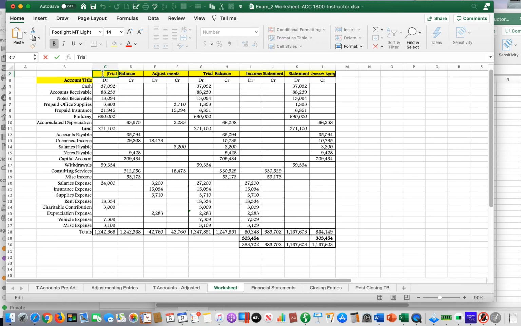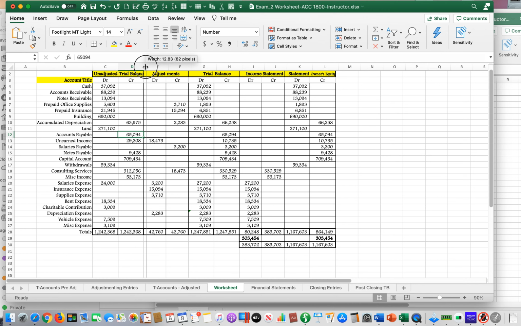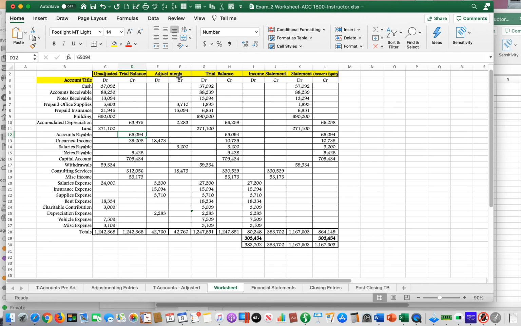Maybe I should write that in here. Let's see, unadjusted trial balance. This is an unadjusted trial balance, all right? We got the adjustments, and then we're going to have an adjusted trial balance.